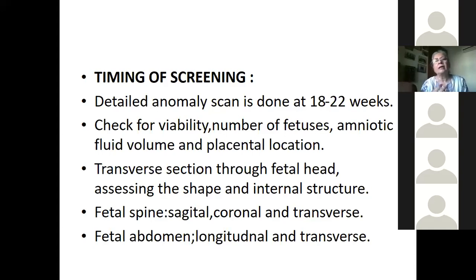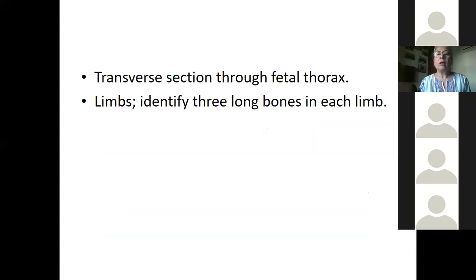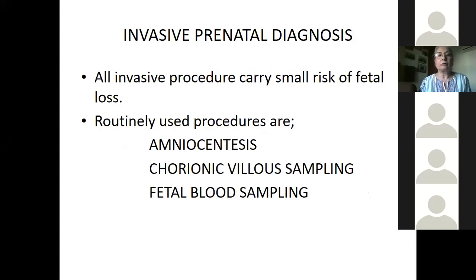One stomach bubble will be visible, and ahead of it the duodenum is blocked and dilated, so two bubbles are visible. Then you look at whether the bladder is filled or not. Then you go down and screen all four limbs of the fetus to see the size appropriate for the gestation, the number of bones, the digits in the hand, and everything. So that's how the ultrasound screening for structural abnormalities is carried out.